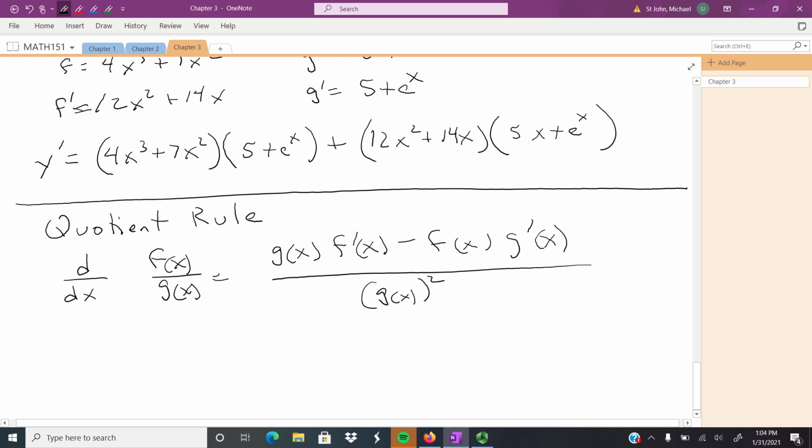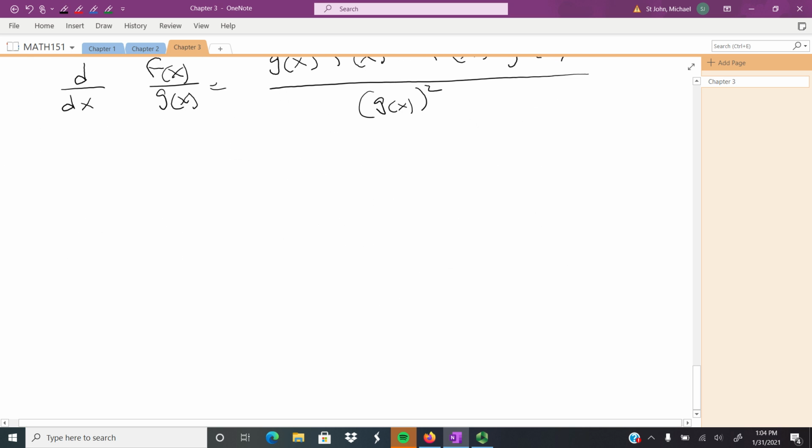And so let's do an example of this one. Let's say we have y is 6x to the 5th plus 7x to the 4th plus 9 over 2x squared plus 4x plus 3.